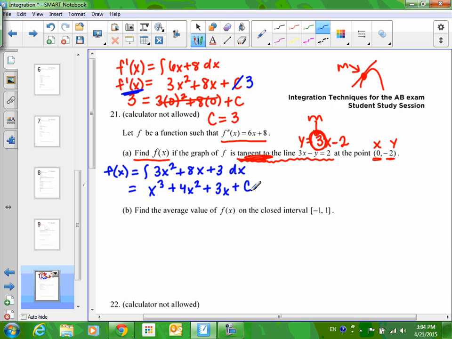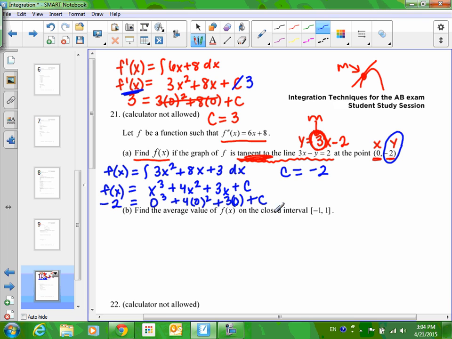Plus 3x, plus C. All right, remember this is all f of x. So that's y, right? So in other words, they're telling us, hey, plug in a -2 in for y. X is still 0. And so what is C? -2.